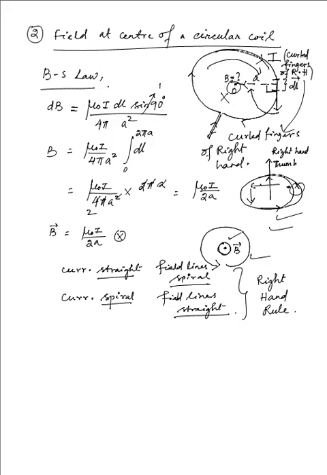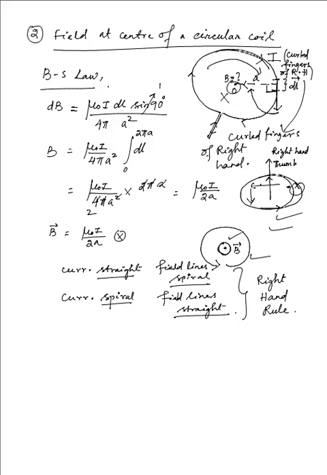Else you always have the backup in the form of the right hand screw rule or the right hand thumb rule, which is for the cross product between two vectors. So that is the basis of all of these things. These are just ways of interpreting things in an easier way rather than going to the exactly orthodox method.